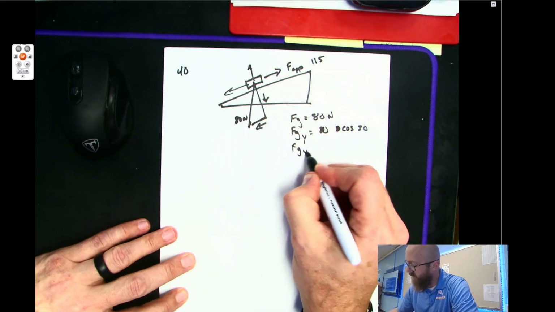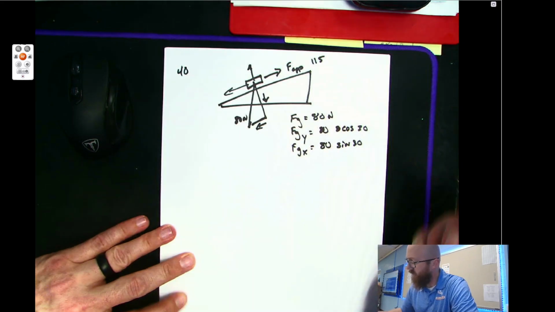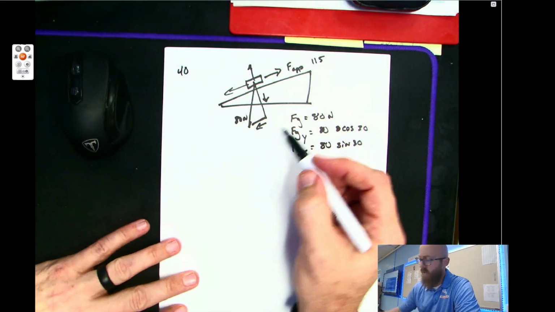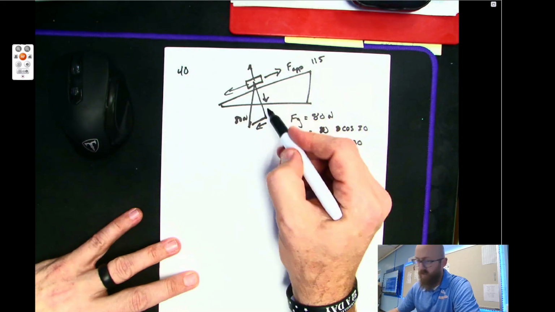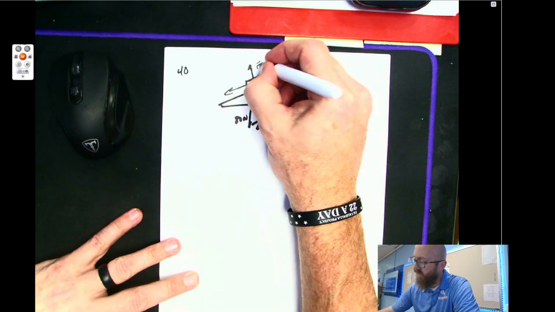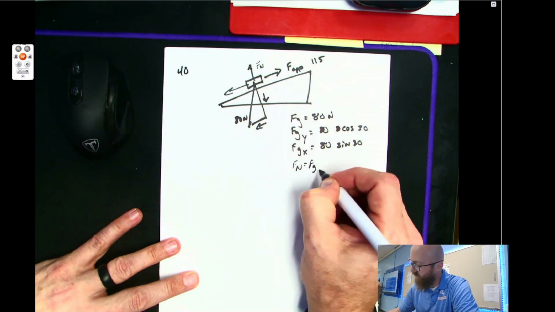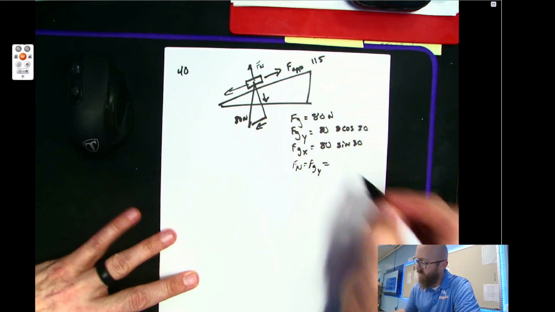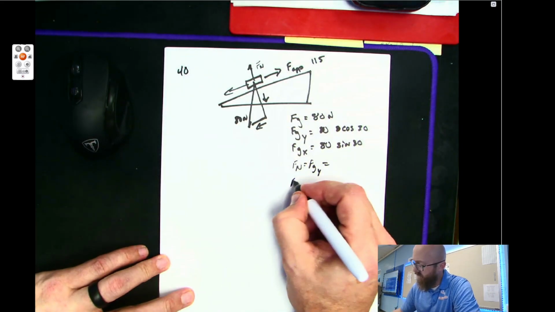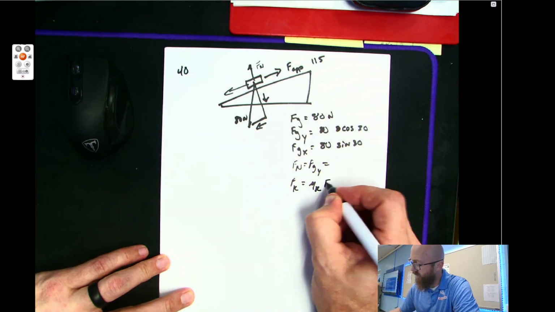F of G of X, 80 times the sine of 30 degrees. And since this is opposing, F of N is equal to F of G of Y, and then F of K is coefficient of kinetic friction times F of N.